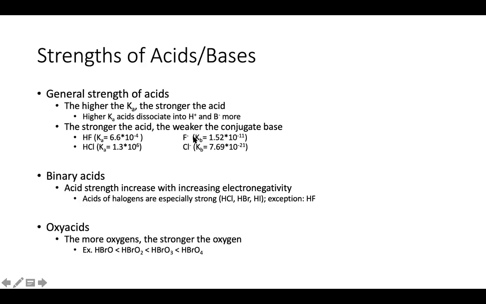Now, as Kb gets bigger in value, that means the base is stronger. As we can see, the Kb for F minus is bigger than the Kb for Cl minus, meaning the conjugate base of hydrofluoric acid is a better base than Cl minus. That's how you can apply that logic.